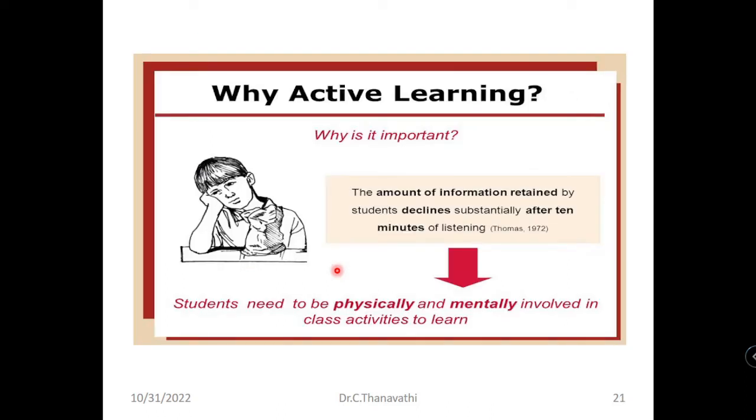So what is the importance of active learning? The amount of information retained by students declines substantially after 10 minutes of listening, said Thomas in 1972. So students need to be physically and mentally involved in class activities to learn. We give more opportunity to involve their physical and mental levels.